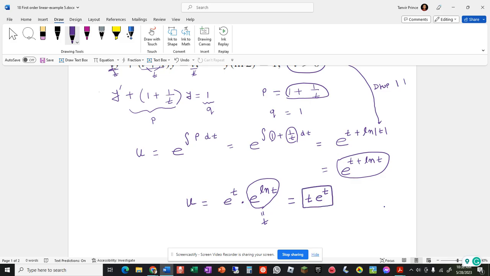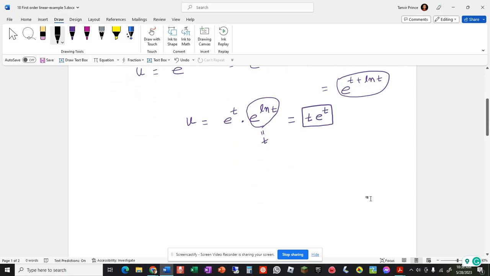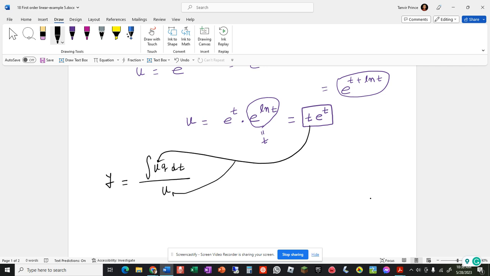Once you have the integrating factor, now I can easily find y. So let's write the formula. On the top is the integral of u times q dt, divided by u. So that's my u, so that goes here and here, and my q is 1.